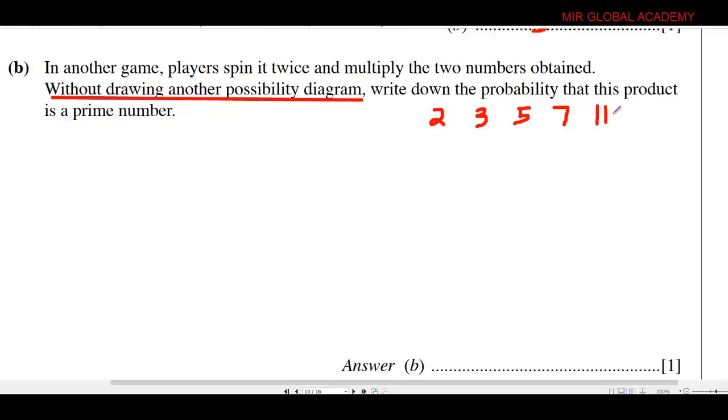The spinner has numbers which are other than 1, and if you multiply these numbers, the answer will have factors other than 1 and itself. So the product will not be a prime number. So here the answer is 0. The product of these numbers will not be a prime number, so the probability is 0, as a prime number cannot have factors other than 1 and itself.